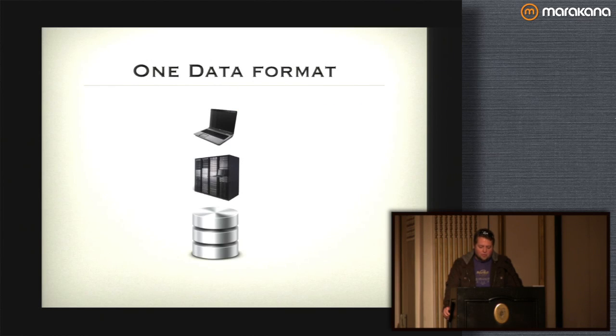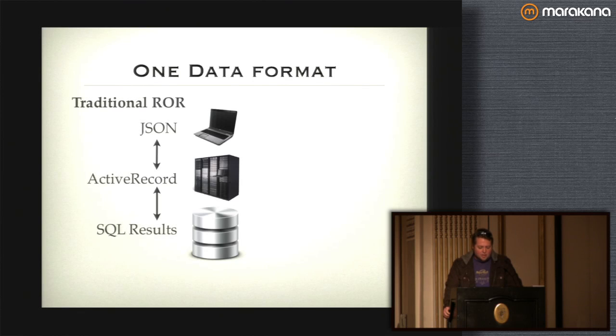Another benefit for single-page applications is you've got one data format. The same way you have different mindsets when working with different languages, it's the same thing. Take a traditional Ruby on Rails application. In the front end, you're dealing with JSON format, Active Record on the server side, and SQL results from the database. So you spend a lot of your time marshaling data from one data structure to another.